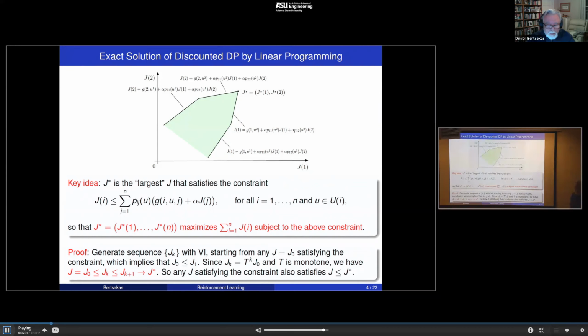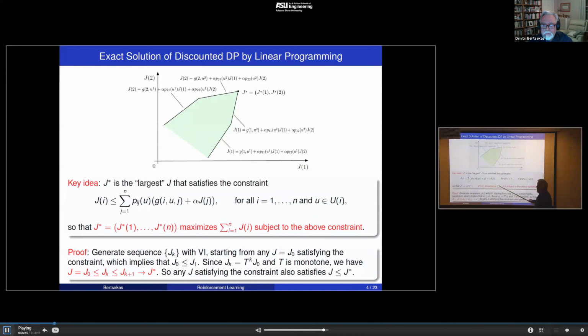So you might forget about value iteration, you might forget about policy iteration. Let's just go to your favorite linear programming software, Cplex. It's a very, very refined code. Give it the data and get the solution. That's certainly a legitimate approach, but what is the problem here? What's the difficulty? Large number of constraints.